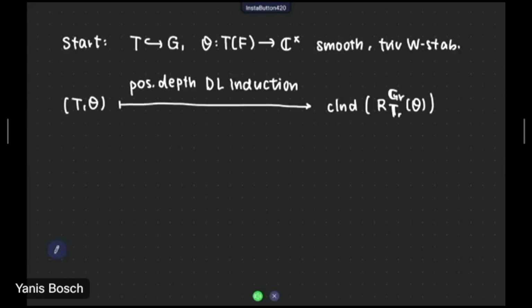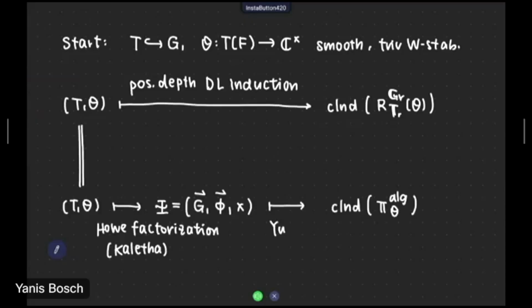You don't know what it is yet. And then I mentioned right after stating the main theorem that there have historically been algebraic approaches to understanding this. So that's this right here. This T, theta is the same starting data as over here.